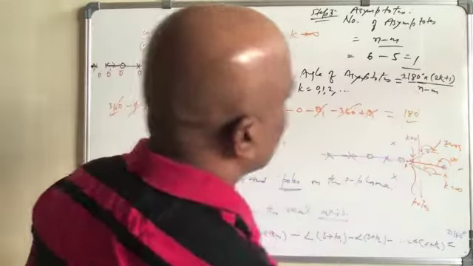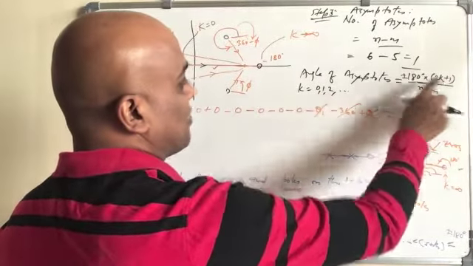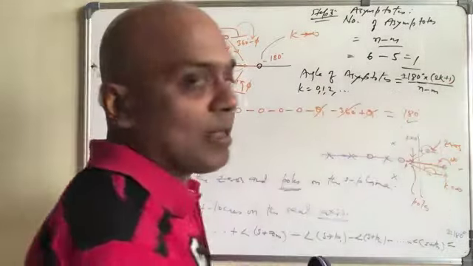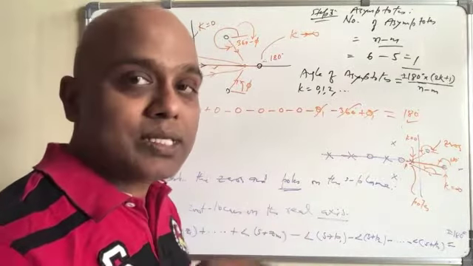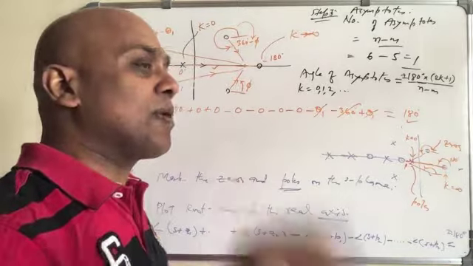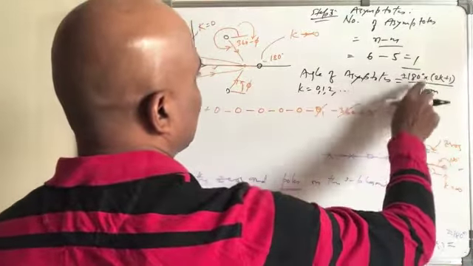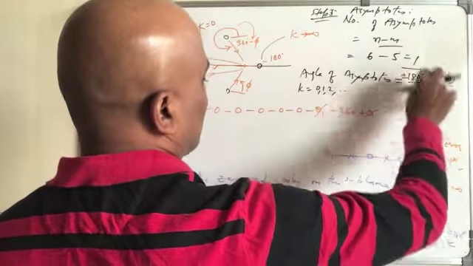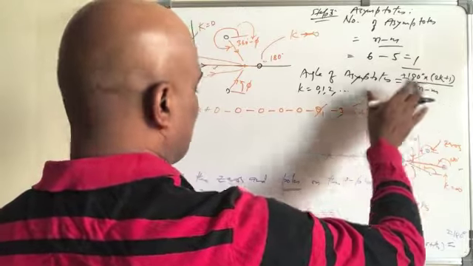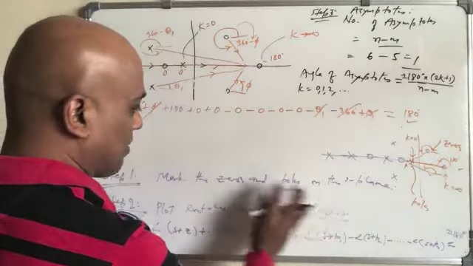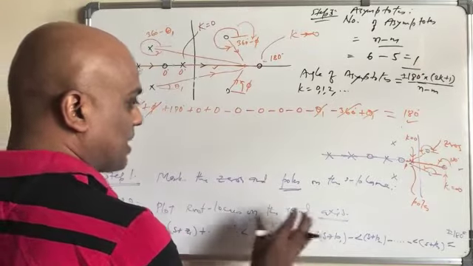Here 2k plus 1, because we have to maintain 180 degrees, either 180 degrees or 180 degrees plus 360 degrees more, and like that, divided by n minus m. This is the rule basically, and this is also coming from the angle condition.